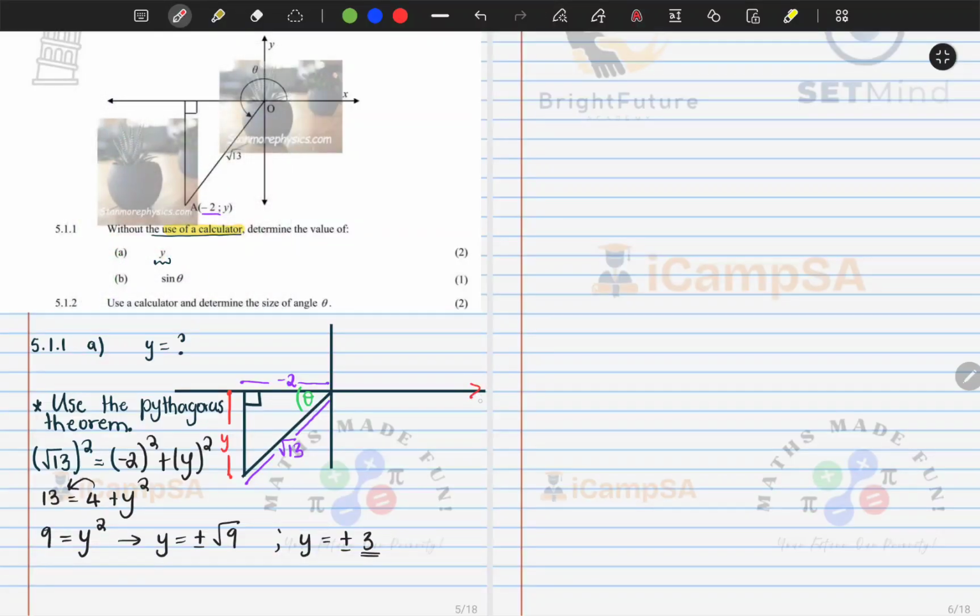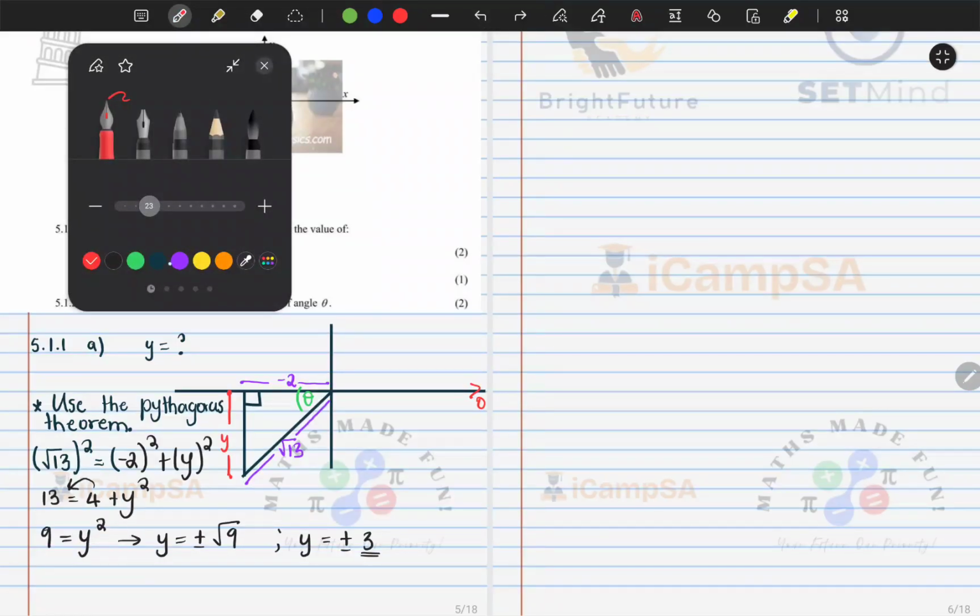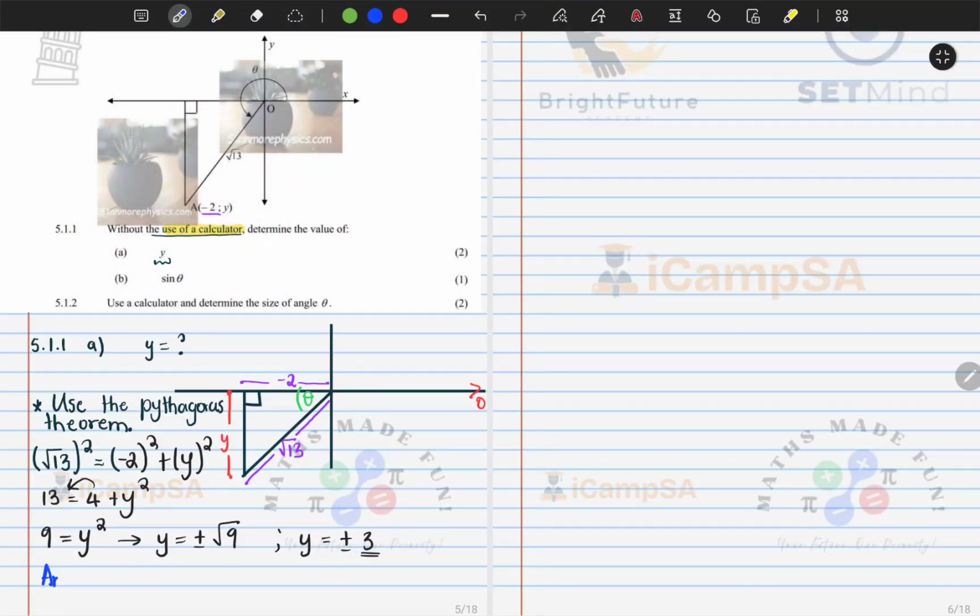If you're looking carefully, this is the 0 line, so below we have negative y values. So we can just note our final answer as y equals negative 3. Let's quickly note that our answer for this question simply is y equals negative 3.